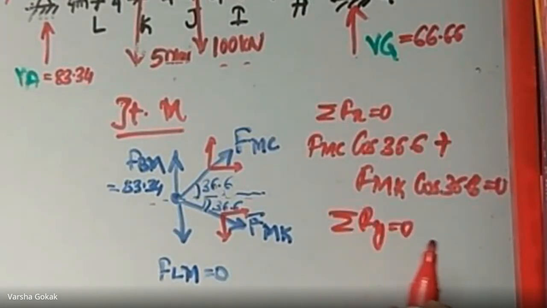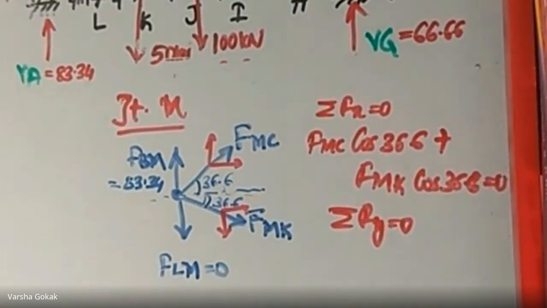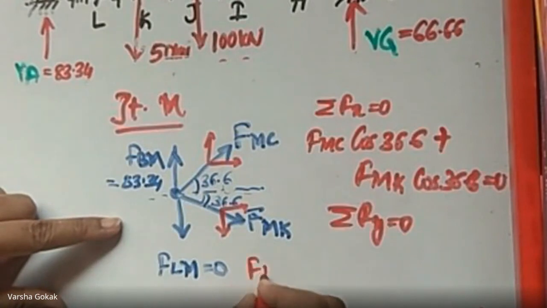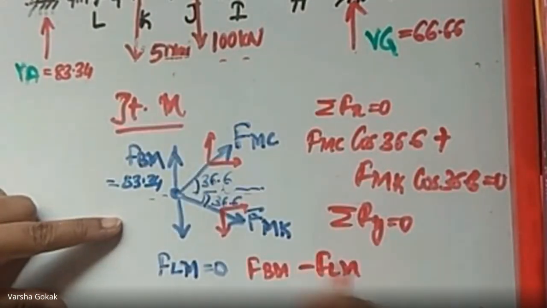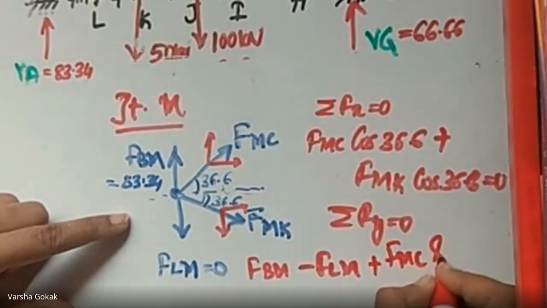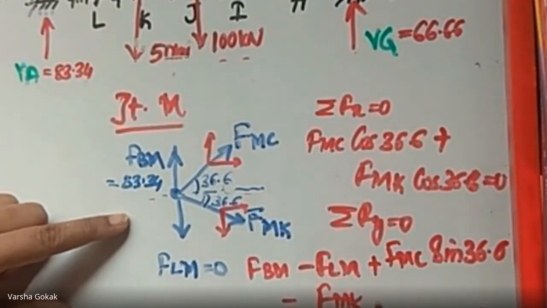Take summation f of y equal to 0. Okay. In summation f of y equal to 0, what all we have? FBM positive, up it is going, minus FLM, down it is going, plus FMC sine of 36.6, up it is going, minus FMK sine of 36.6.